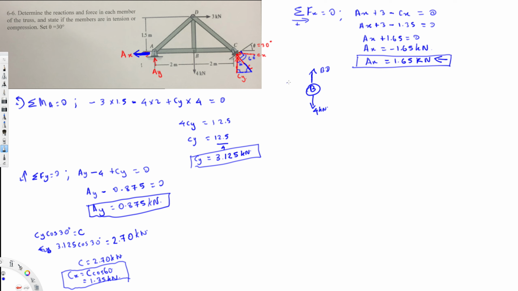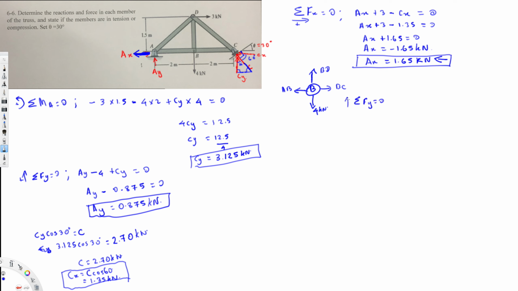And then we have BC, we don't know the direction, we can just assume this is the direction. And then here we have AB. If I solve for this one, I can find the BD directly because we have two vertical components and one is known. So sigma Fy is equal to 0 in statics.